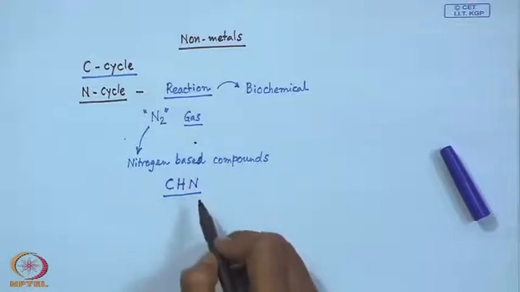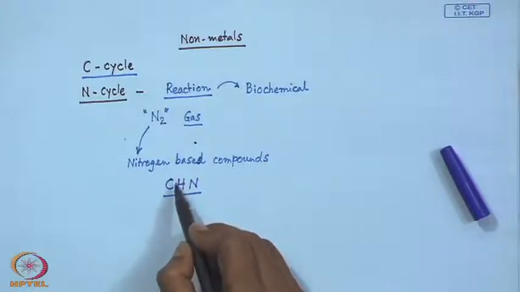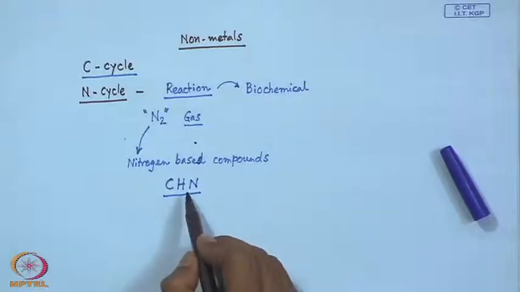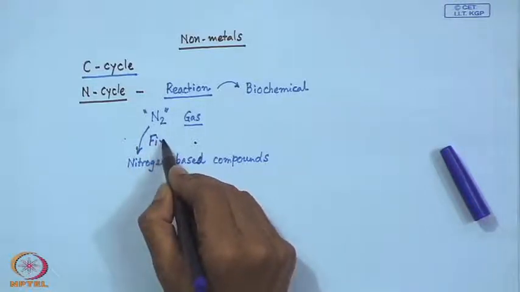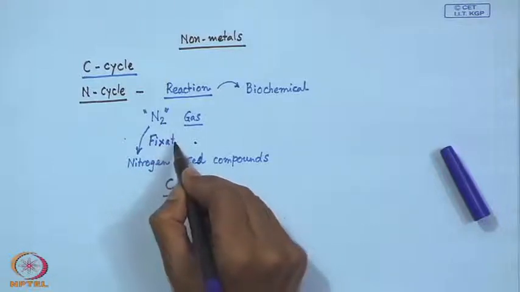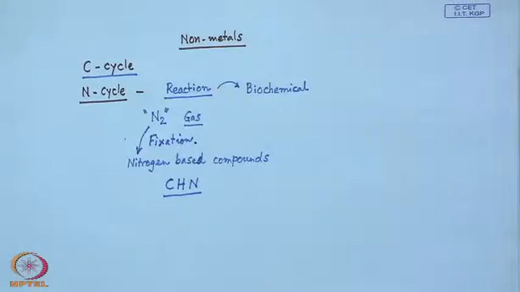Insertion of nitrogen in a typical organic molecule based on carbon and hydrogen can be done by fixing the dinitrogen gas available in the atmosphere. We call this the fixation of dinitrogen gas.